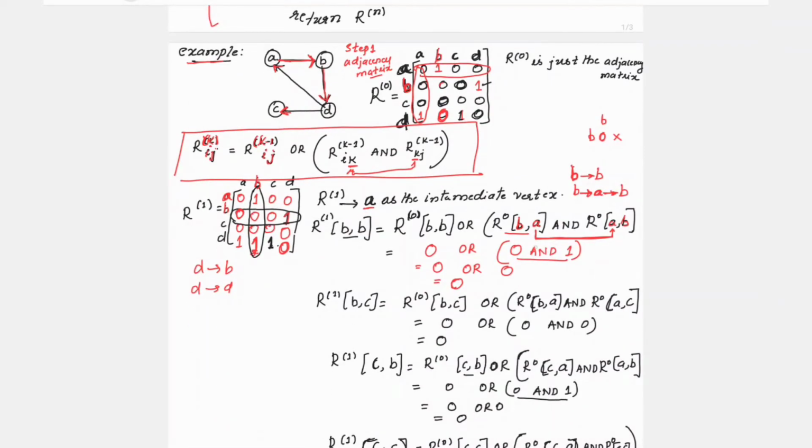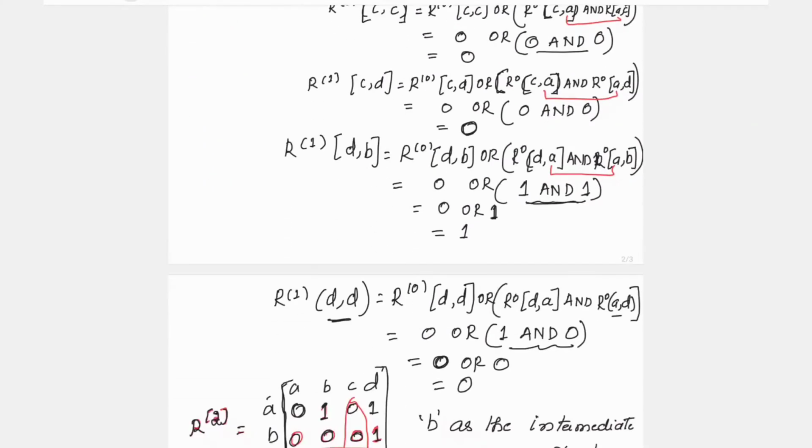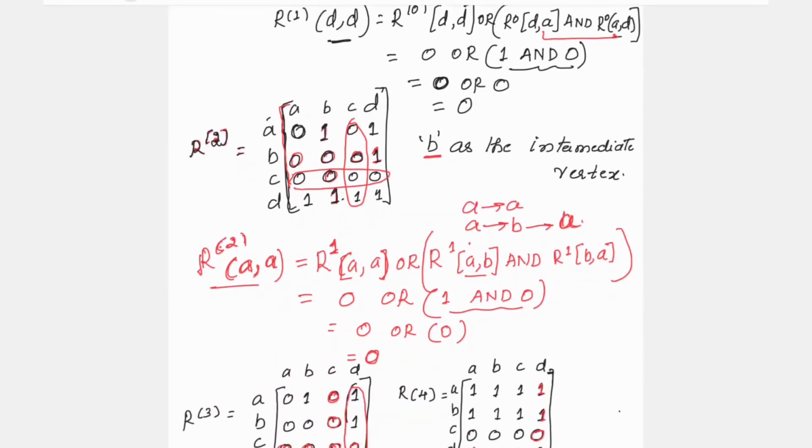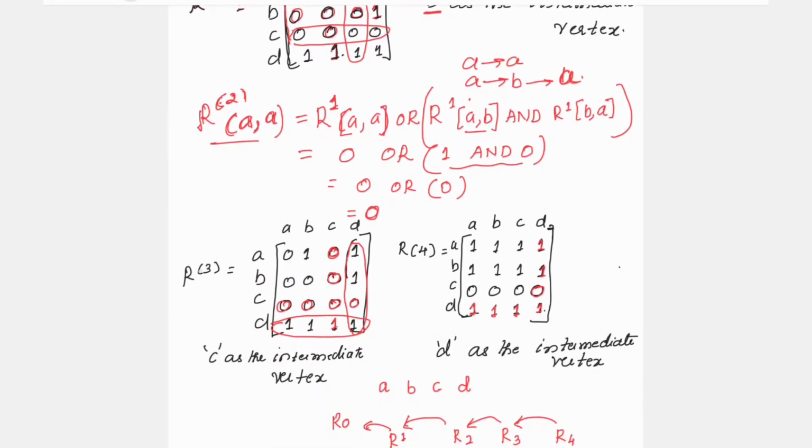For R1 you always took the intermediate vertex as A for all the elements. Similarly, when you created R2, you used B as the intermediate vertex. When you created R3, you used C. When you created R4, you used D as the intermediate vertex.